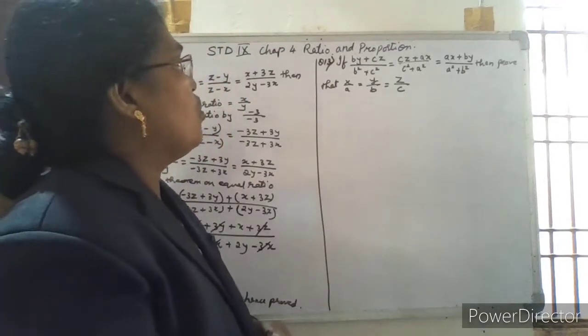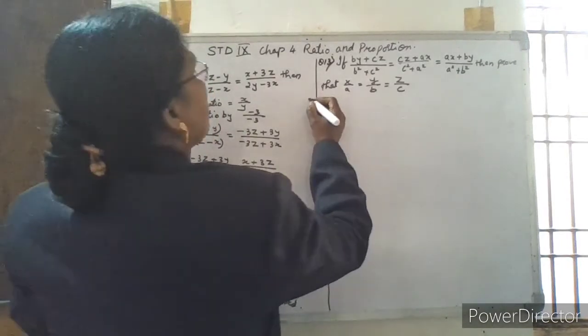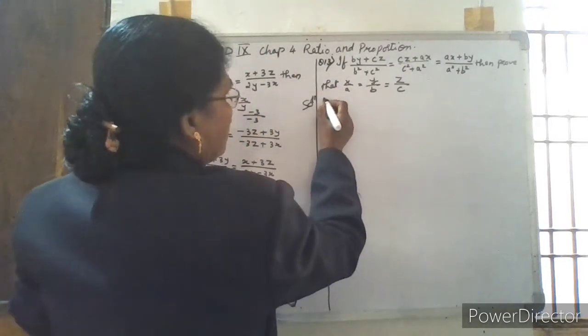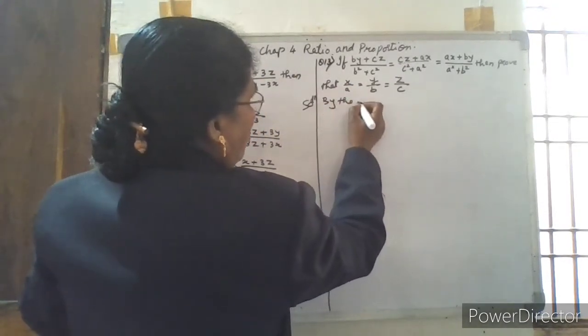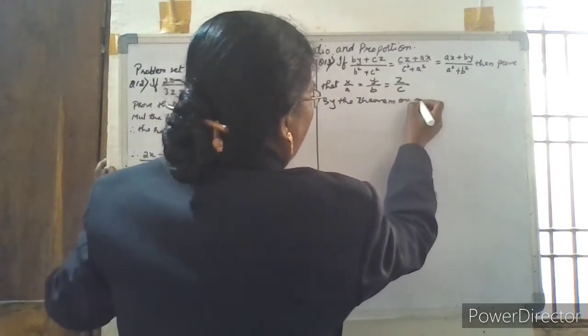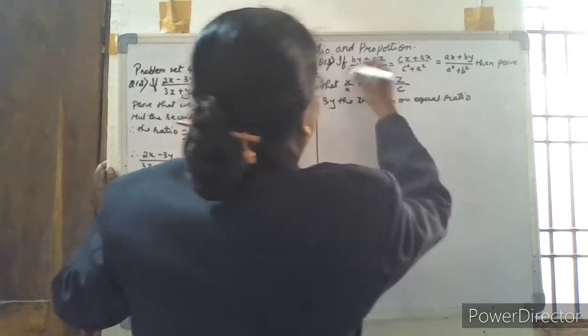So by the theorem on equal ratios, we will apply the theorem on equal ratios. Directly I will solve it by the theorem on equal ratio. So we'll add this.